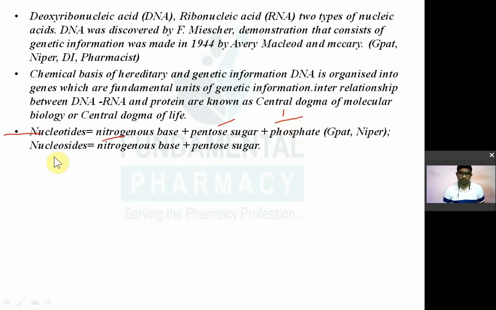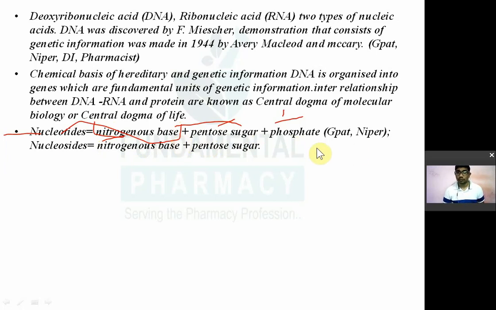Now this nitrogenous base may be either purines or pyrimidines. The pentose sugar and the nitrogenous base, either purine or pyrimidine, are bound together by an N-glycosidic bond.